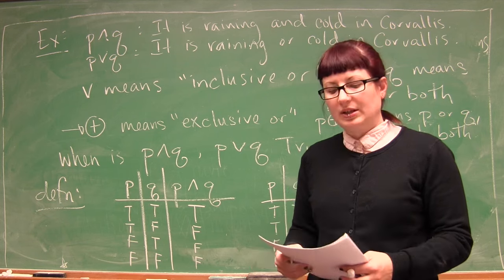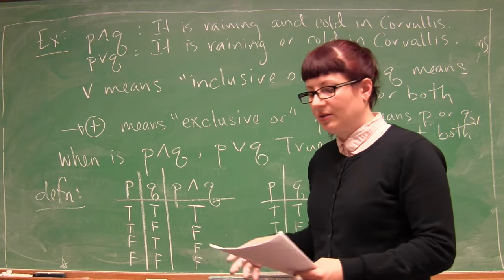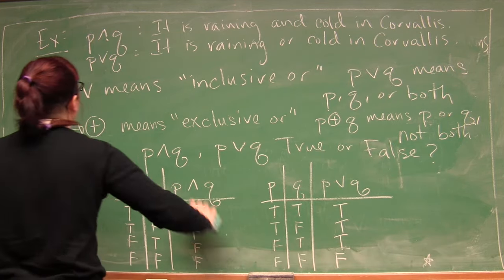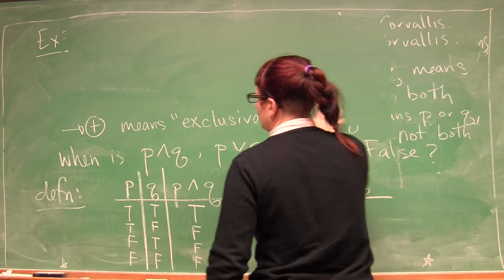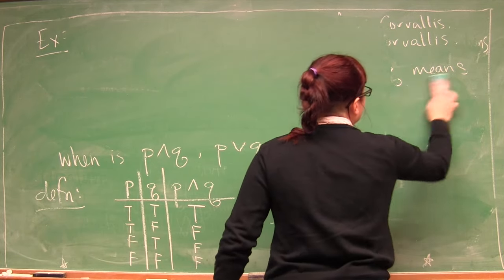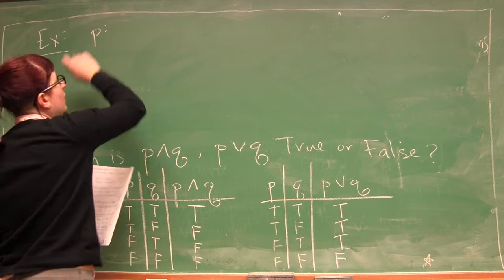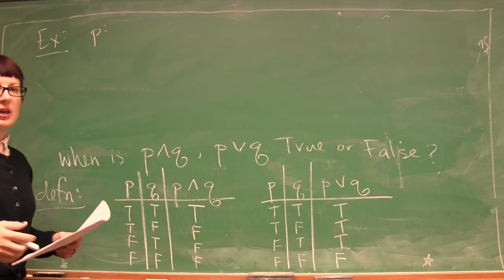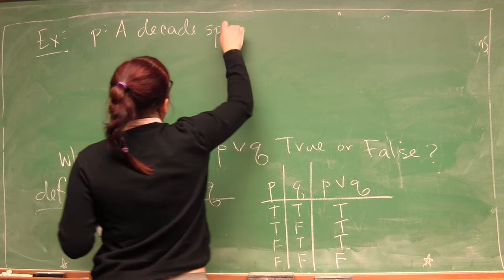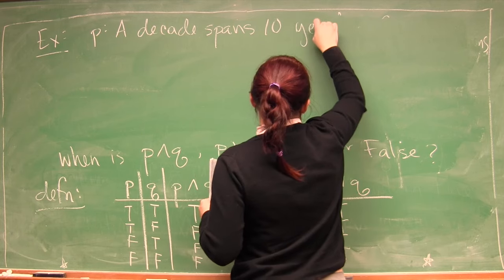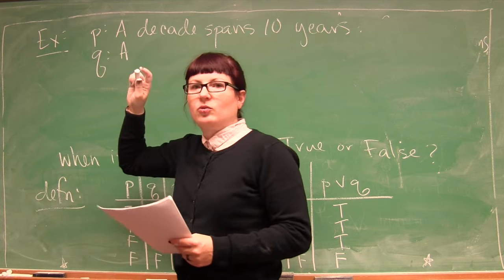So let's review a couple quick examples of the truth value of an and or an or statement. So our first proposition P will be the statement, a decade spans 10 years. Our proposition Q will be the statement, a millennium spans 100 years.